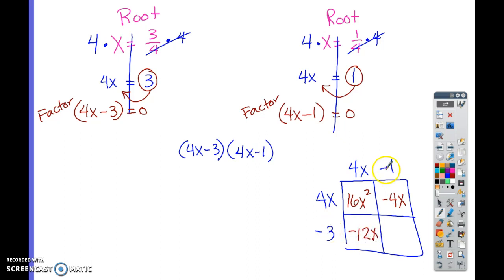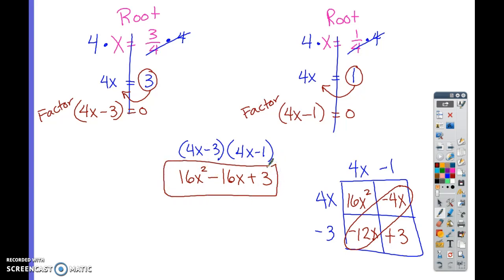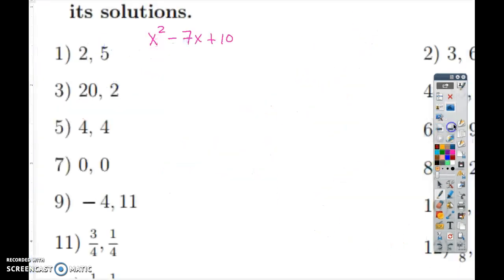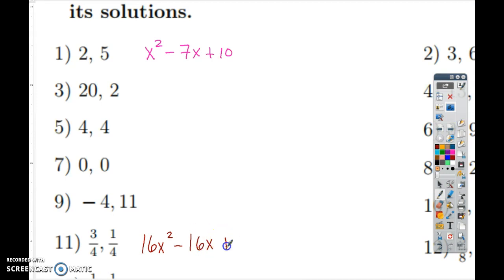And negative 3 times negative 1 is a positive 3. Combine the middle ones. Negative 12 plus a negative 4, or negative 12 minus 4 is a negative 16. So my answer, my quadratic equation for this one is 16x squared minus 16x plus 3. And you put that next to number 11. 16x squared minus 16x plus 3.